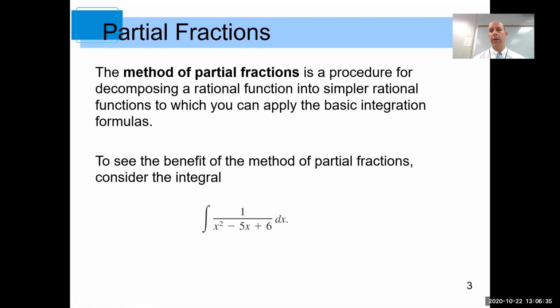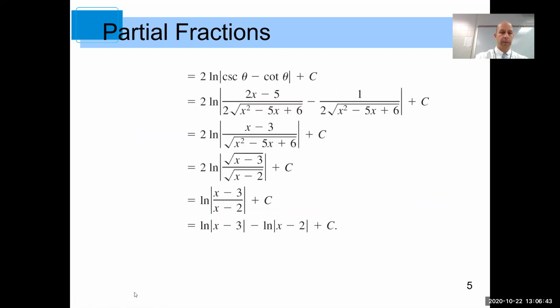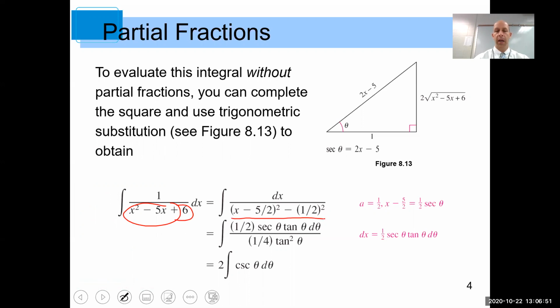We can do that using the methods that we've already discussed in this chapter, namely trig substitution. After we complete the square with the denominator, we get a quantity with a variable x squared minus a constant squared.